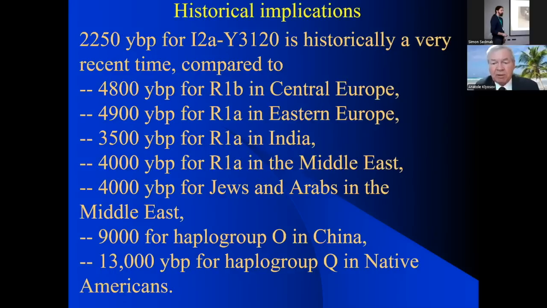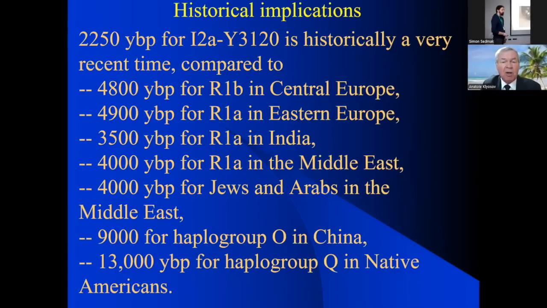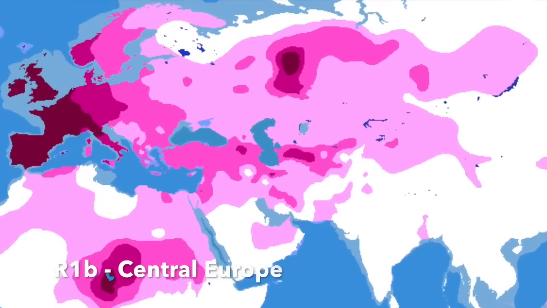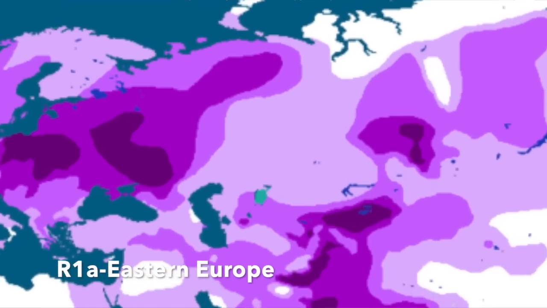If you compare different tribes, a tribe is a kind of genetic term for a community of people which are united in that they have a common ancestor. So if we go for R1b in Central Europe, it would be 4,800 years. You go to R1a in Eastern Europe, it would be 4,900 years.